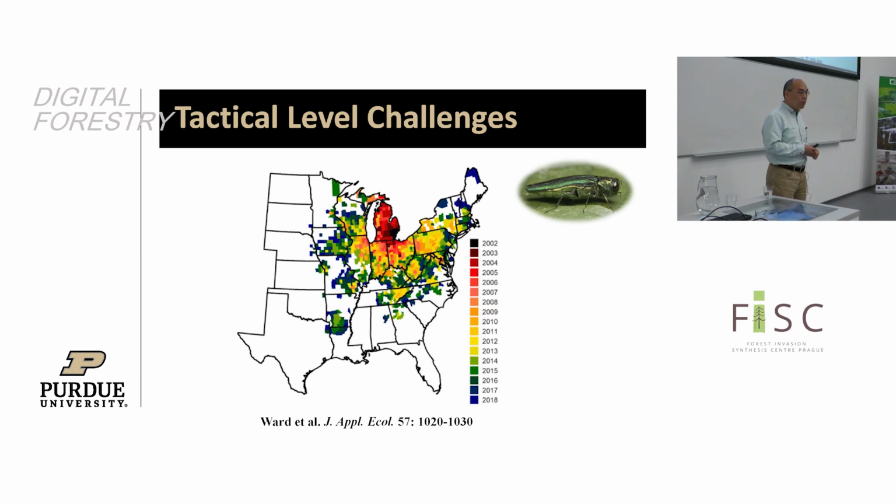This is a species of very early detection that happened in the Detroit area, and there was a pretty decent effort that went in. But have we been able to stop the spread of this species? Well, not really. It has killed nearly all the ash trees by now for most of the region, right?